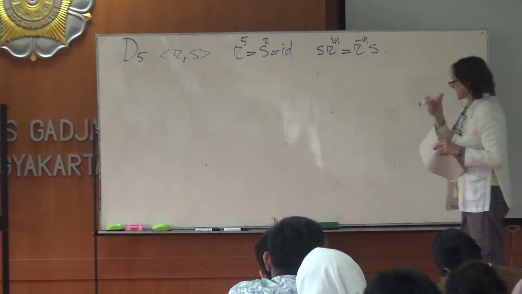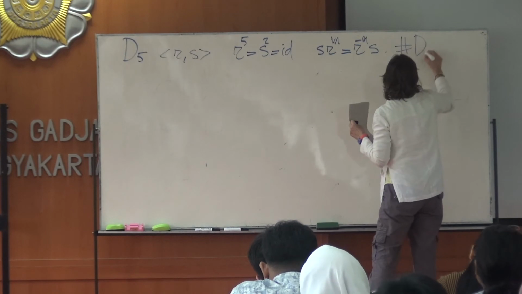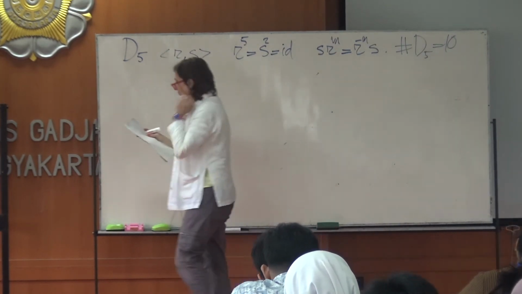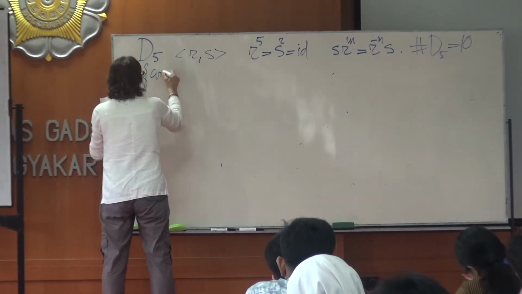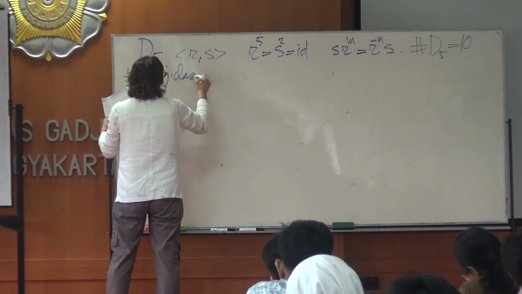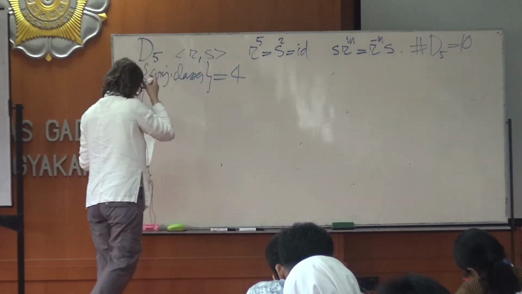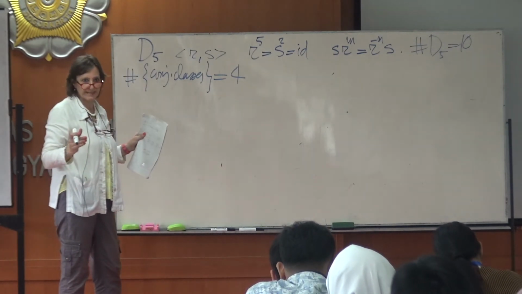So this group has 10 elements and has 4 conjugacy classes. So again, 4 irreducible, non-isomorphic representations.